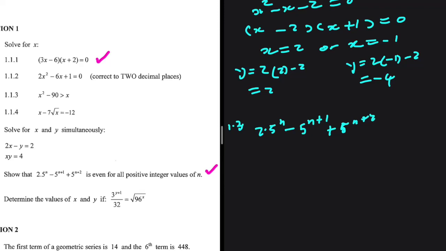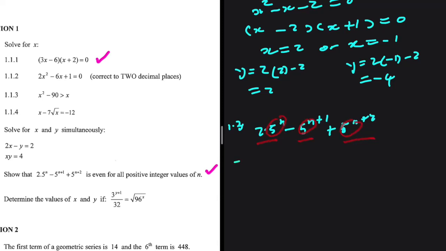What I'm realizing here is that we have 5 to the n on the first term, we have 5 to the n on the second term, and we have 5 to the n on the last term. It seems like it would be a good idea to take 5 to the power n as a common factor. Let's go ahead and see how that will look.